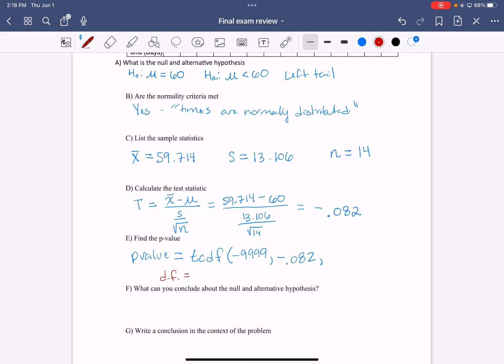It's on your formula sheet if you don't remember, but how do you find degrees of freedom? N minus 1. So that would be 14 minus 1, which is 13. When you plug in the degrees of freedom into your TCDF, that 13 goes there at the end. This should give you 0.468.